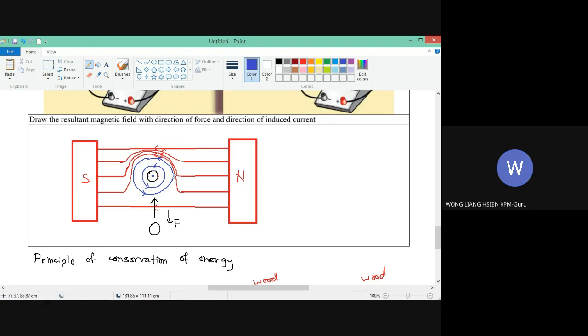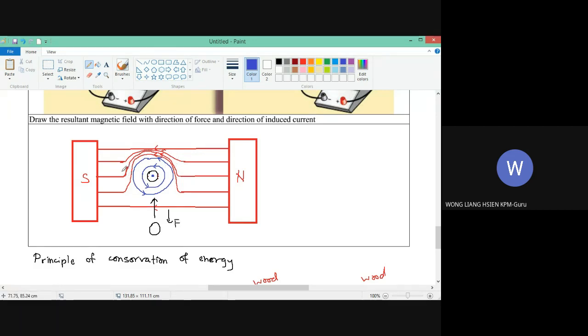Okay, one more time. When we want to push in, we feel an opposing force. How is it that this opposing force can be produced? The resultant magnetic field from the current and from the permanent magnet must look like this.